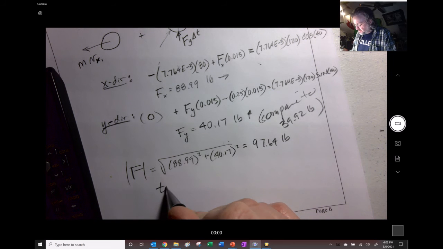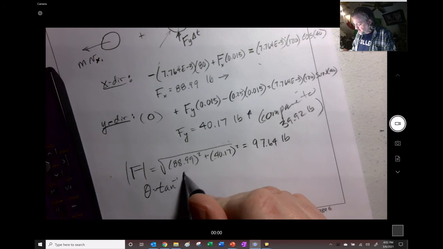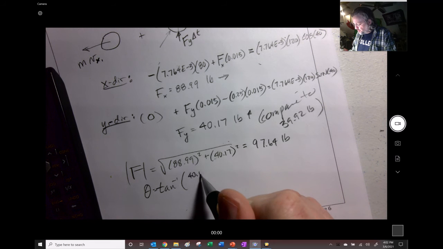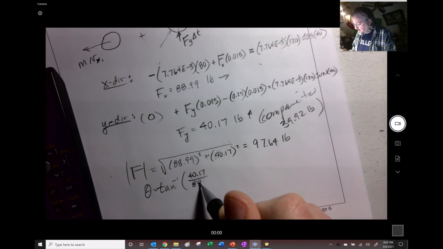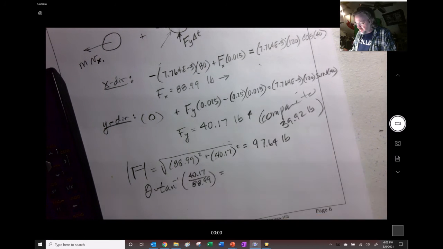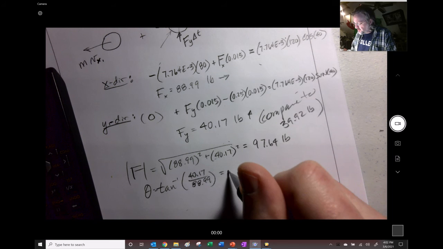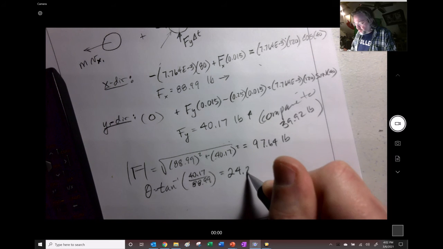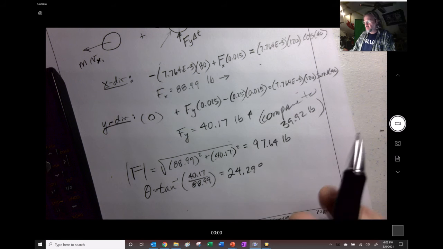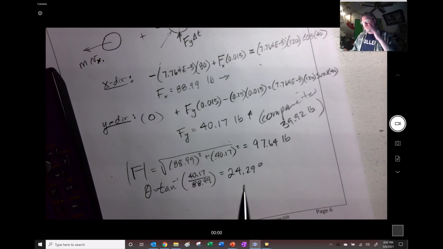So let's take the inverse tangent with our 40.17 and our 88.99, and we get 24.29 degrees. So in order to make the ball go at 40 degrees, we have to hit it at an angle of 24.29.